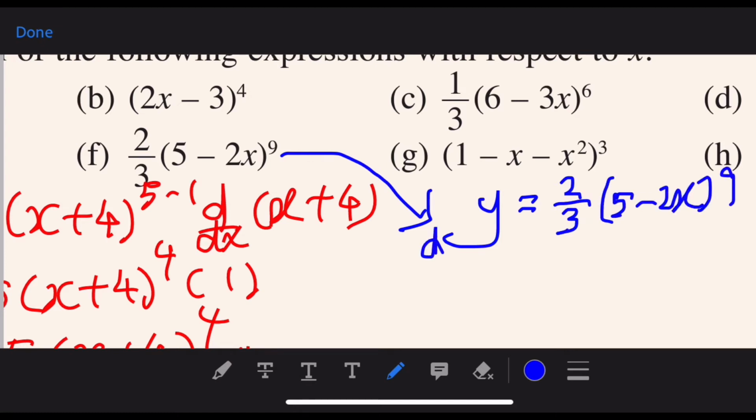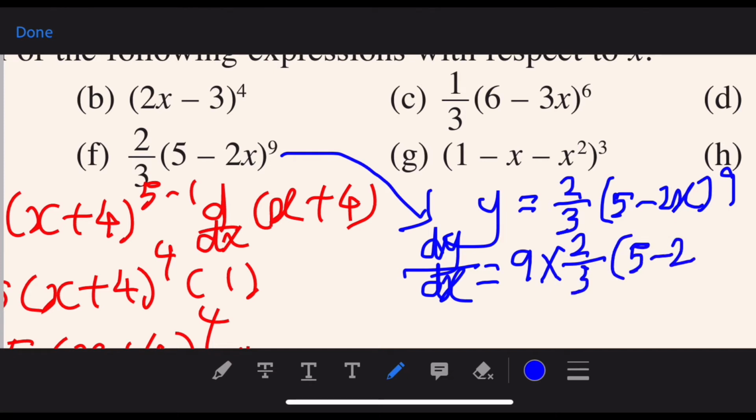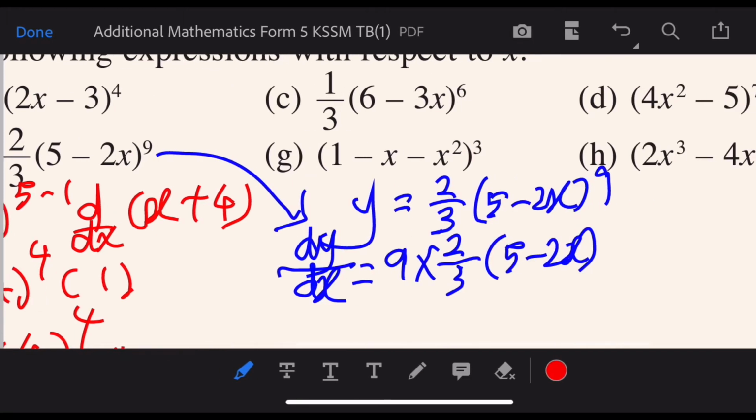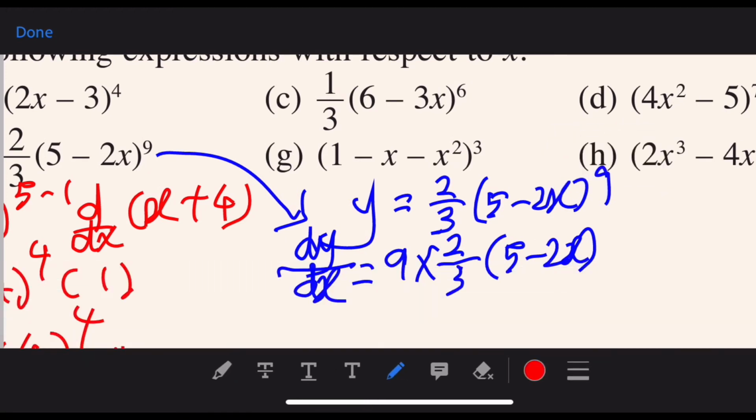And you say, okay, dy dx is equal to 9, you bring it in front, times 2 over 3, you copy everything, right? And then you take the power minus 1. Okay, don't forget the power minus 1. This is the step that students always forget. Differentiate this thing always.